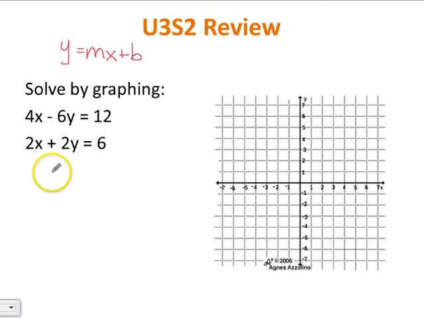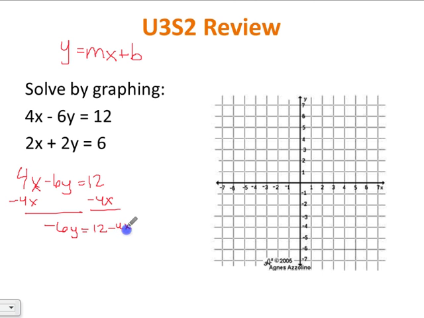So let's go ahead and take that first equation, 4x minus 6y equals 12. We're going to work on solving for y, so I'm going to subtract 4x from both sides. I get negative 6y equals 12 minus 4x. Divide each side by negative 6, and I get y equals, again, I have to do each term divided by negative 6.